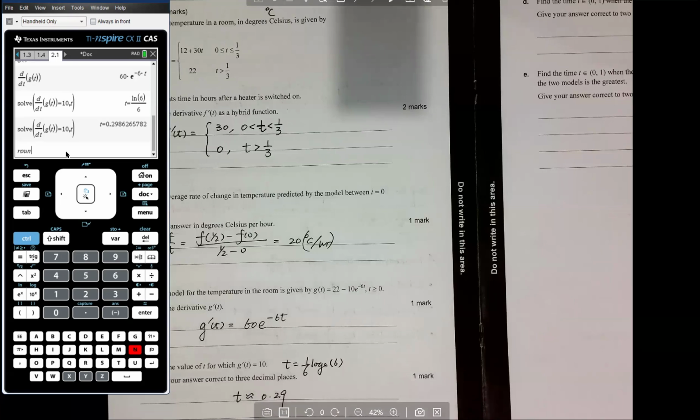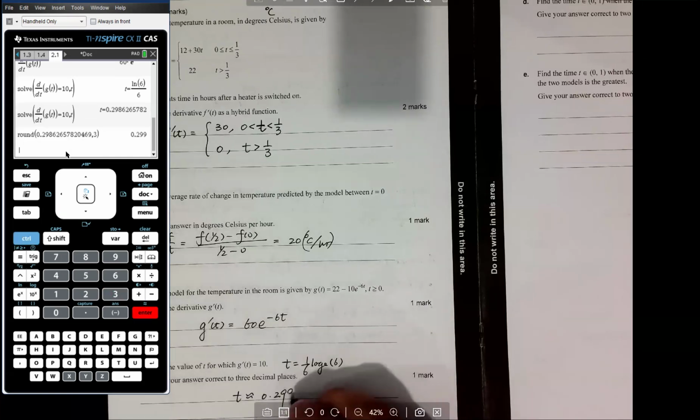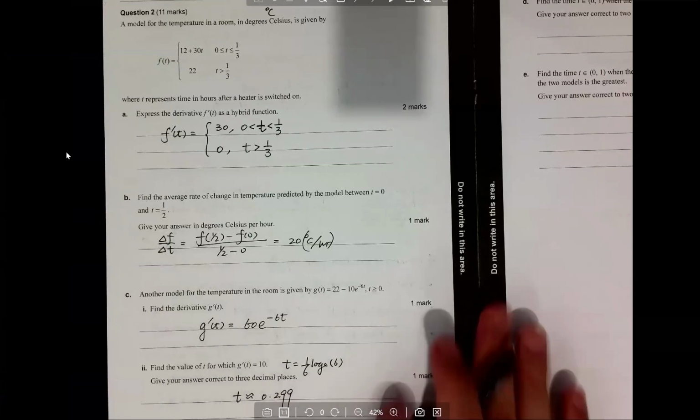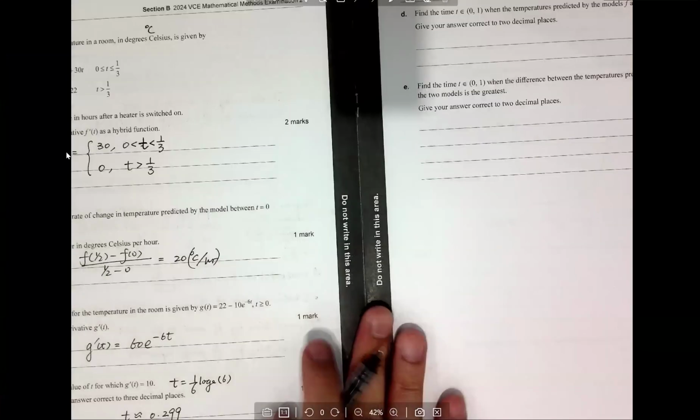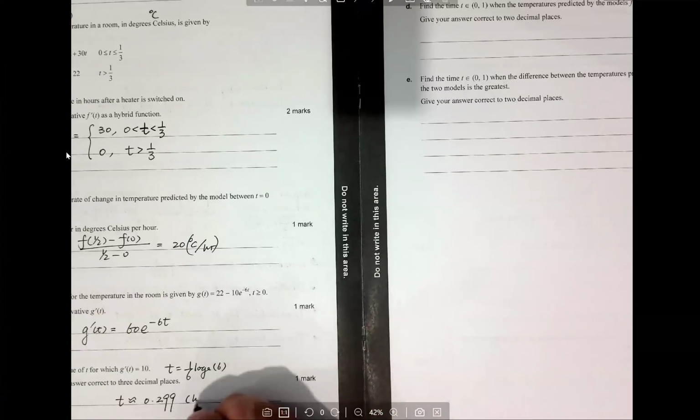If I use the round button to 3 decimal places, this is where you need to be careful, it is 0.299, okay? t represents the time in hours. It's implied, okay? But let me just put hours here.